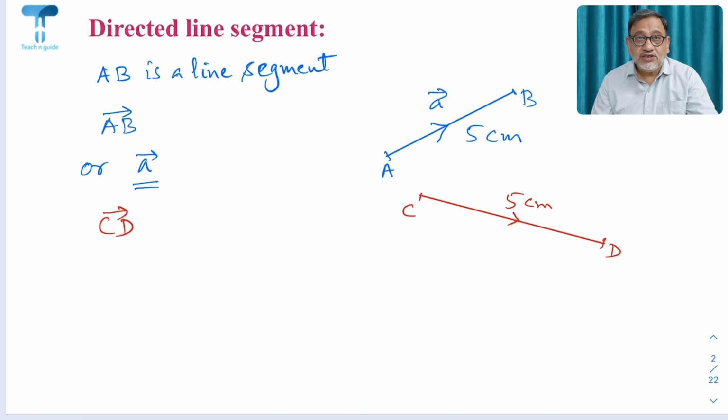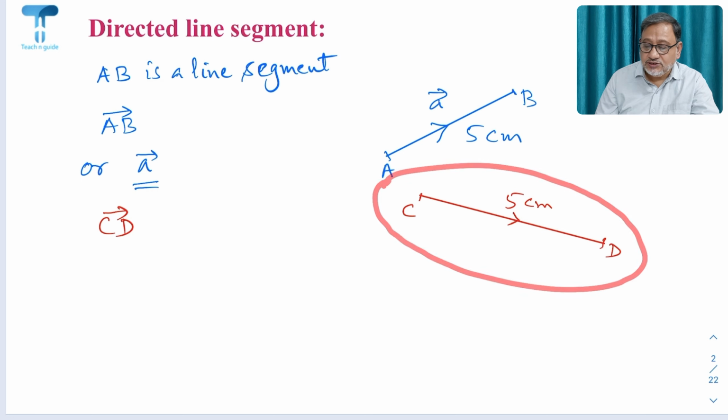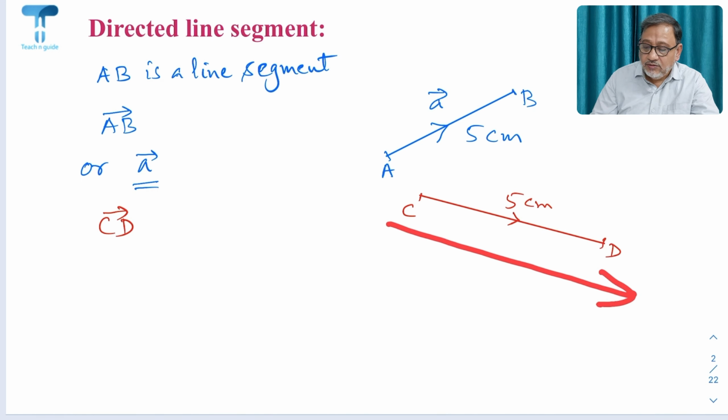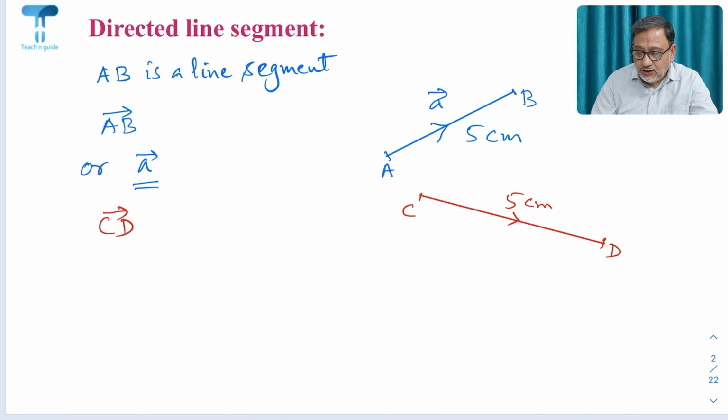Though it has the same size, I cannot call vector AB equal to vector CD, because the second vector is totally in a different direction. It is in this direction, whereas vector AB is in this direction. So be careful, we cannot call same-size vectors equal unless they are in the same direction. So direction is very important here.